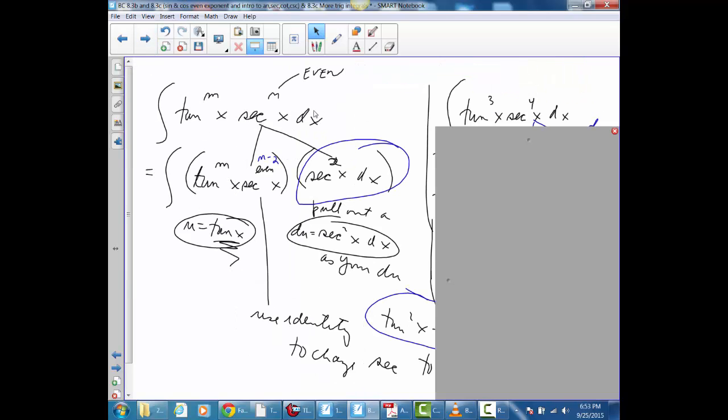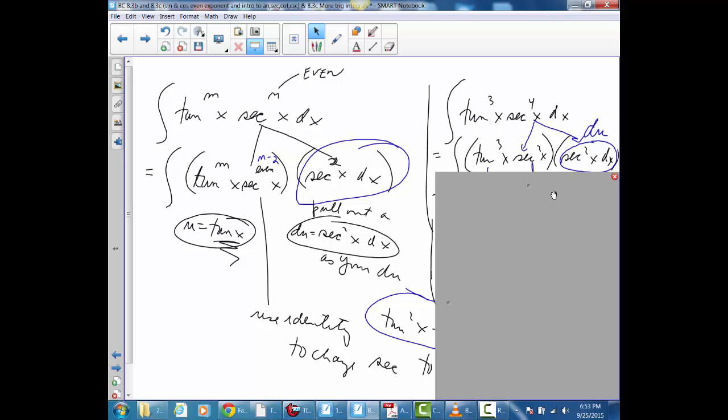So here's the deal. If your secant is an even power, you'll easily be able to pull out a secant squared, which will leave you another even powered secant. And then remember, there is a relationship between tan and secant, and that is that tan squared plus 1 is secant squared. So, for example, here you'll pull off a secant squared, because that's a good du, leaving you with another secant squared.